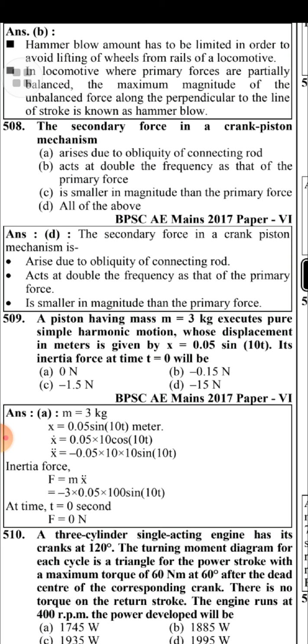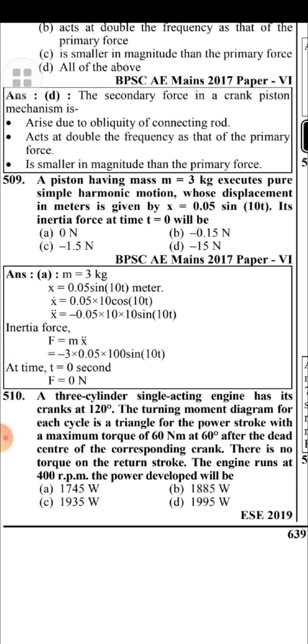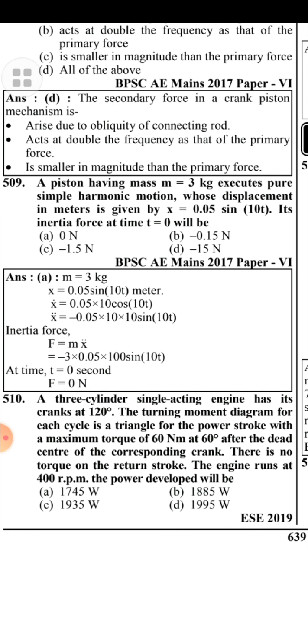So x = 0.05 sin 10t. The first differentiation of x is 0.05 × 10 cos 10t. Double differentiation gives minus 0.05 × 10 × 10 sin 10t, and F = m × double differentiation of x. Here when we put t = 0, F comes out to be 0 Newton.